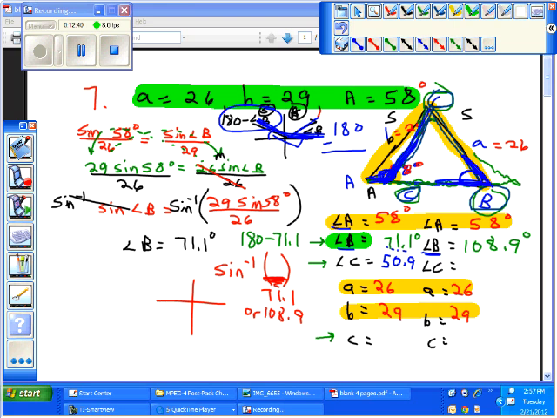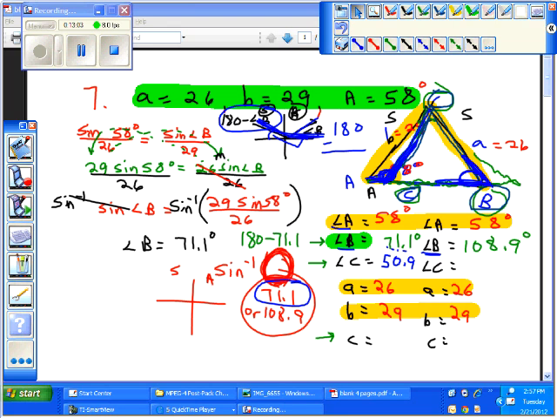Since sine is positive in both quadrant 1 and 2, the same fraction with the same sign would return either 71.1 or 108.9, but the calculator will always return the smallest choice possible.